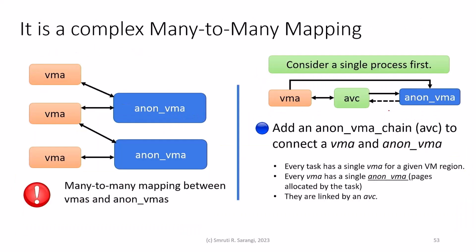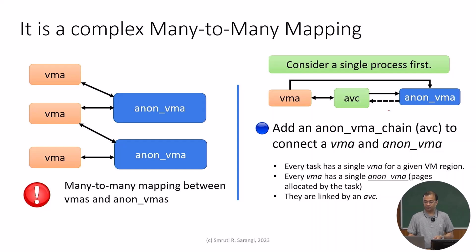So we see that a complex picture is forming where we have a many-to-many mapping between VMAs and Anon VMAs, because many-to-one and one-to-many becomes many-to-many. Correct? So that is why I need to further simplify the situation. So when you have many-to-many and one-to-many, and this is a standard computer science thing, it's not a Linux thing, many-to-many is like a graph kind of situation, right?